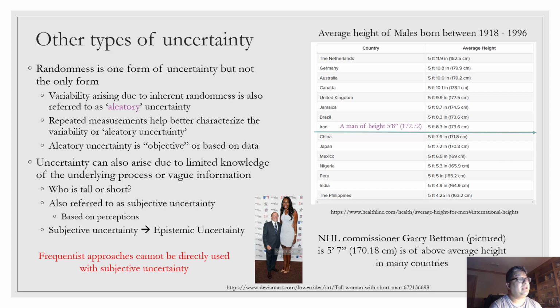But there is also uncertainty due to limited knowledge of the underlying process, or certain vague information. So things like short or tall are a very subjective decision. If I look at a man whose height is 5 feet 8 inches, which happens to be my height, there are many countries in the world where my height is above average, and many countries where it is below average.